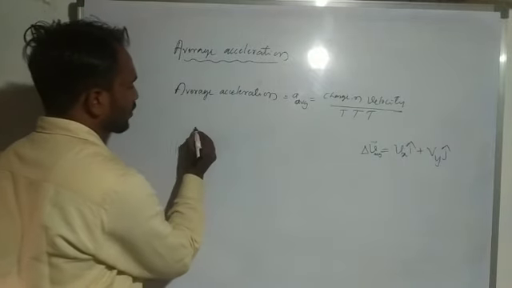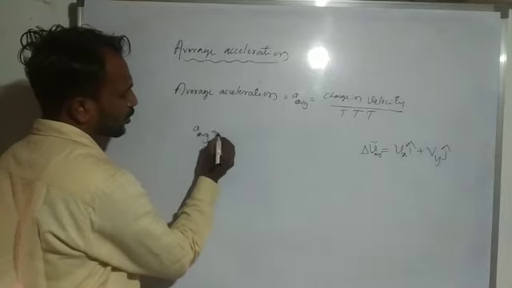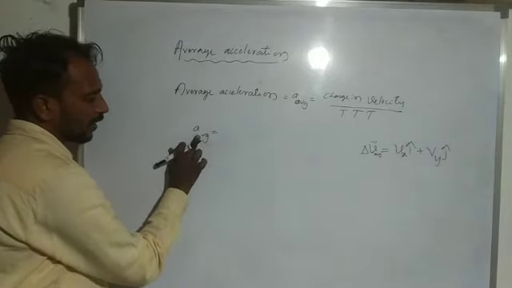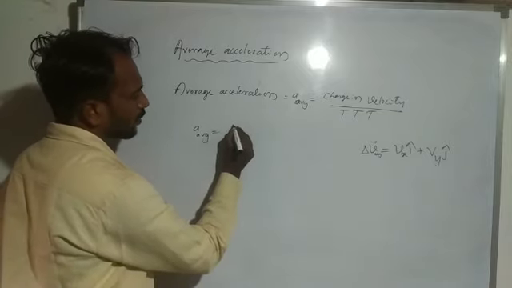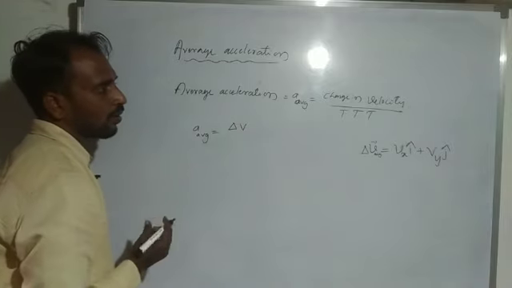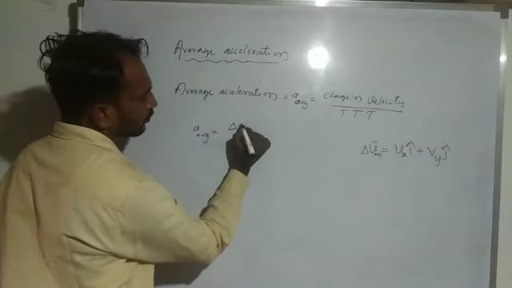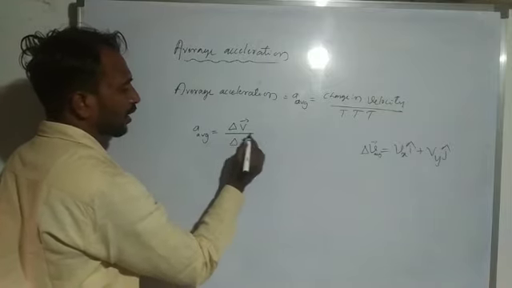So average acceleration is equal to change in velocity divided by total time taken.